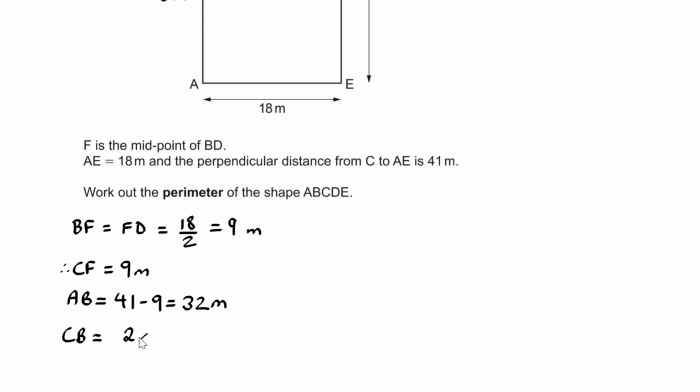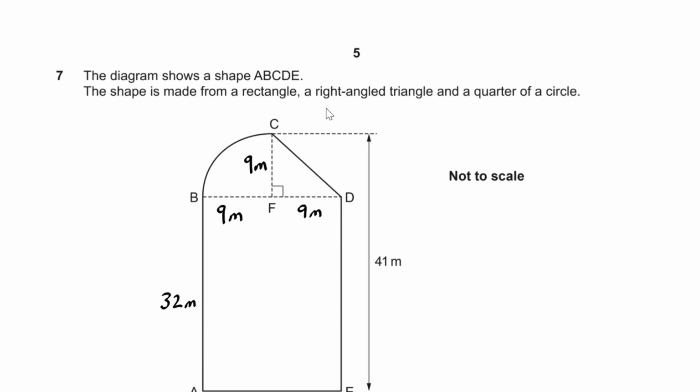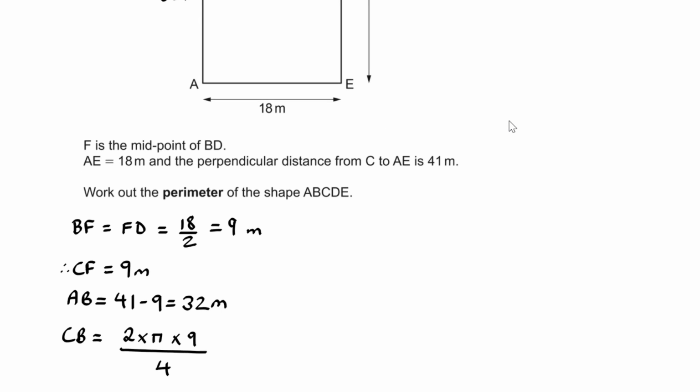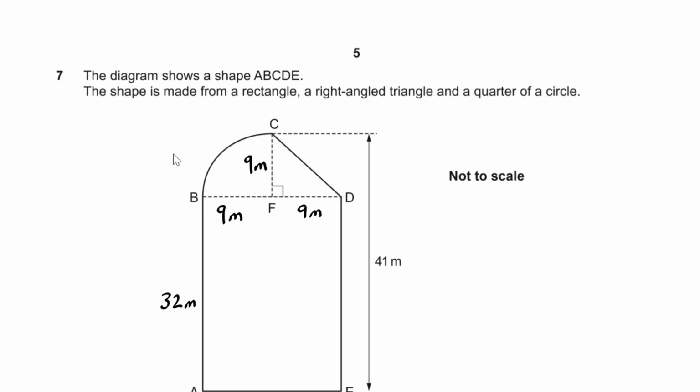So we've got 2 times pi times the radius, which is 9, and then we divide this by 4 because we have a quarter circle. And therefore here what you can see is we have 9 pi over 2 meters for the length CB.